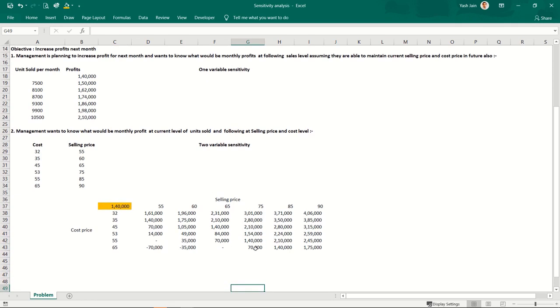So this is how you create two variable sensitivity. The variables here were selling price and cost price. If you change this X variable, let's call it as selling price, and Y variable, let's call it as cost, then what would be the impact on profits? You just calculated it here. So this is how you run sensitivity in Excel.